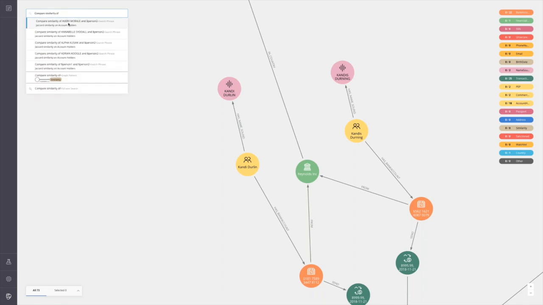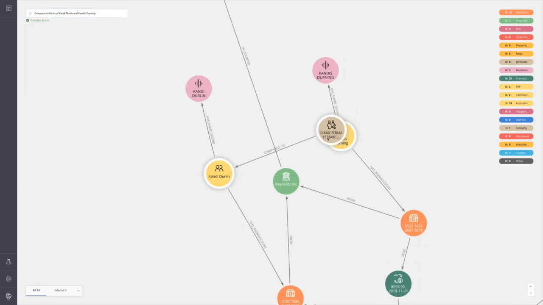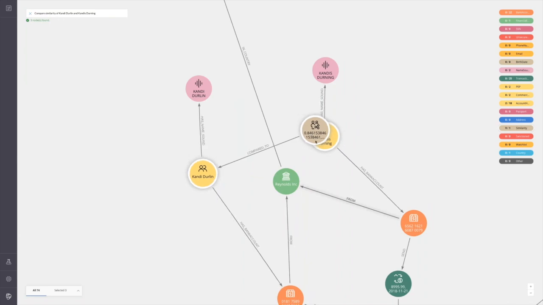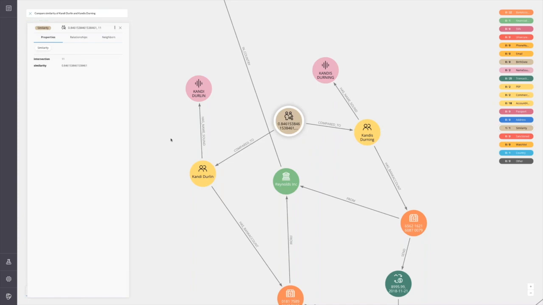Okay. So we can compare the similarity of Candy Derlin and Candice Durning. Now we've added a similarity node here, and it's quite a high score.